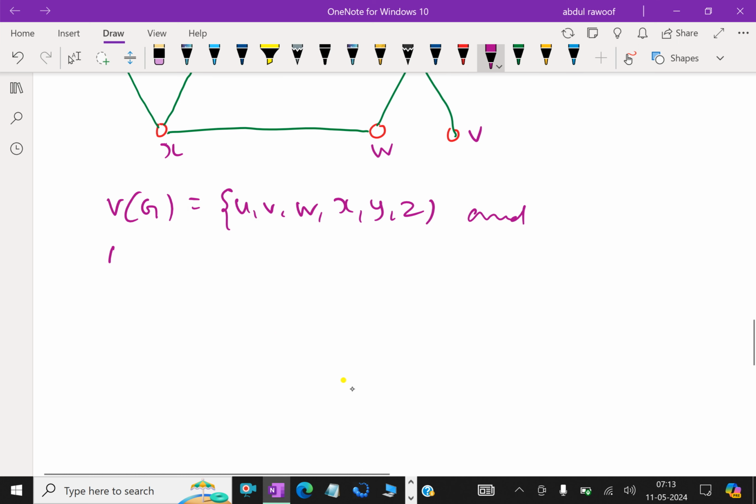And E of G, the edges of the graph G. Look here, what are the connections?